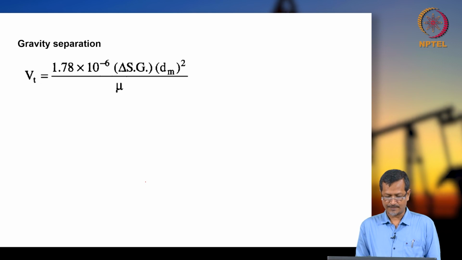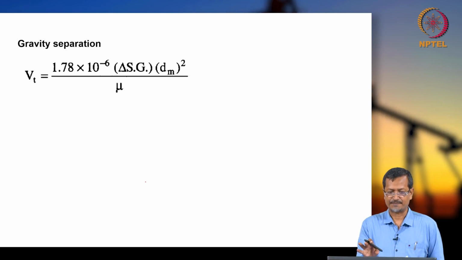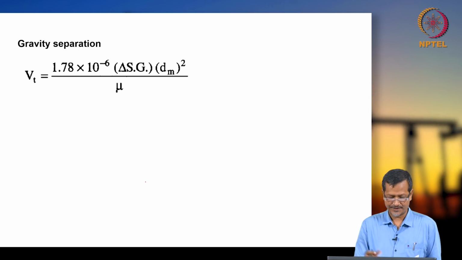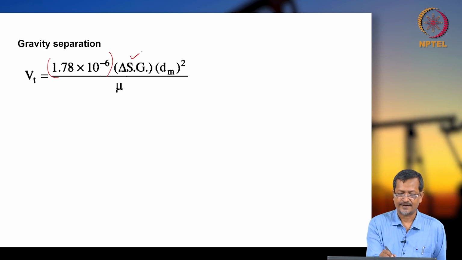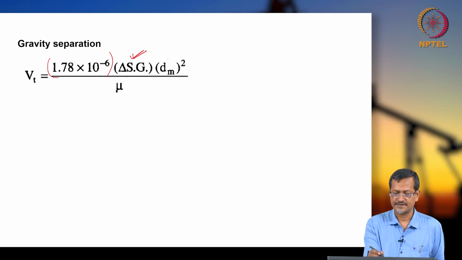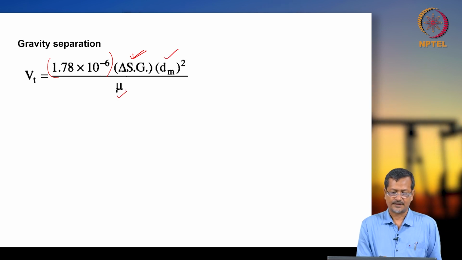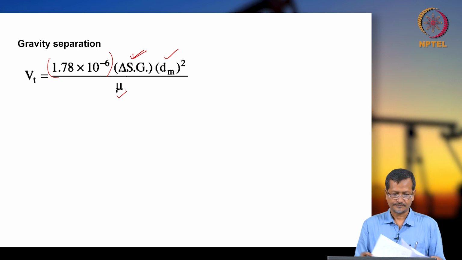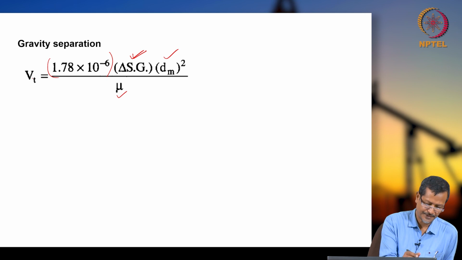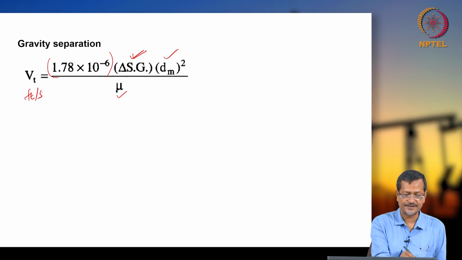Now gravity settlement. It is the same equation, actually modified by oil and gas industry people because they want to use field units. For field units this extra constant term will be coming, and del SG is the specific gravity difference, dm is the particle diameter squared, and mu is the viscosity. Vt is in feet per second, so you have to watch the unit here.